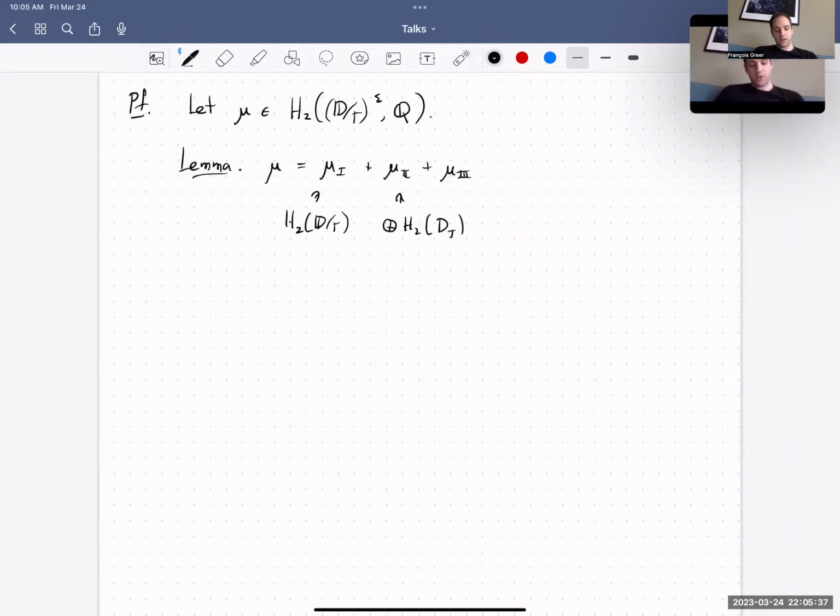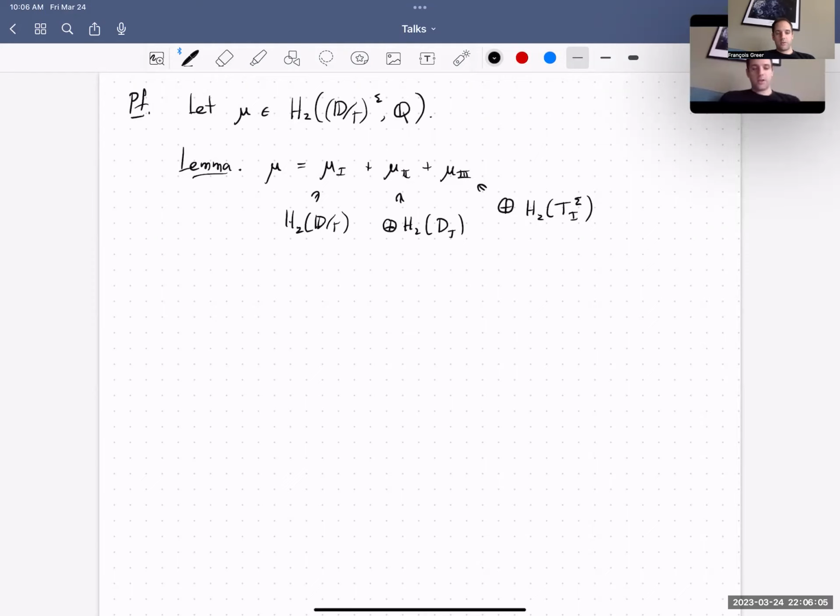So it's supported entirely within the type 2 boundary. And mu3 is supported entirely inside the type 3 boundary. So it's inside the direct sum of H2 of these divisors that I called T sub I. So these are the toric divisors that lie over the deepest stratum in the Baily-Borel boundary.